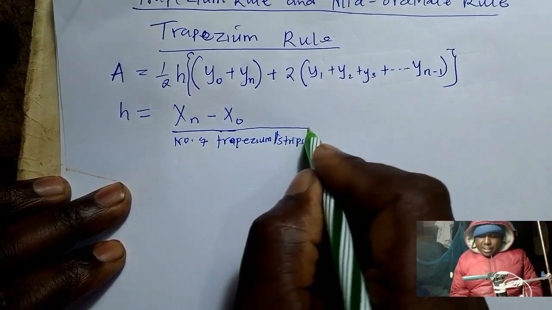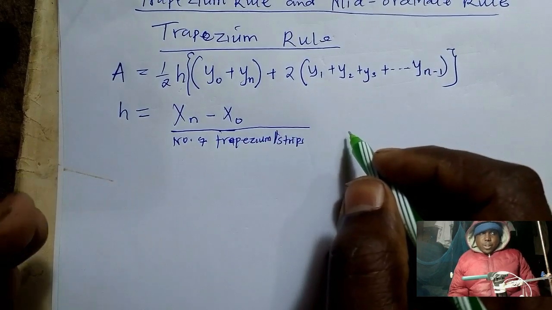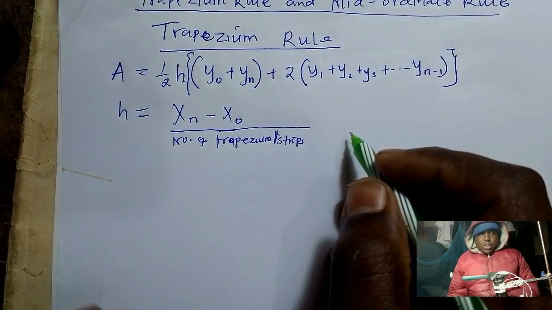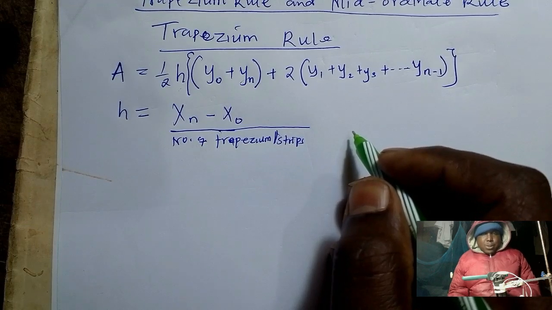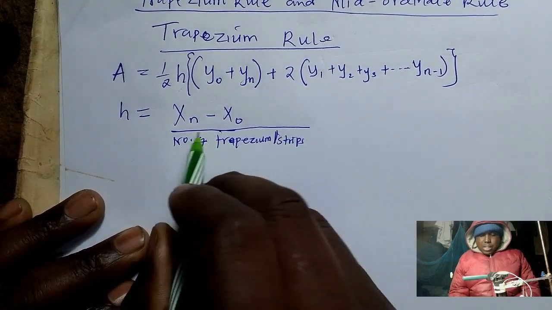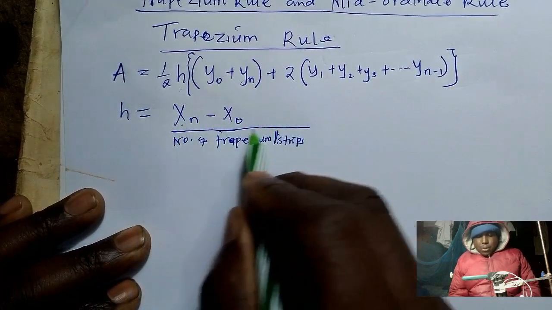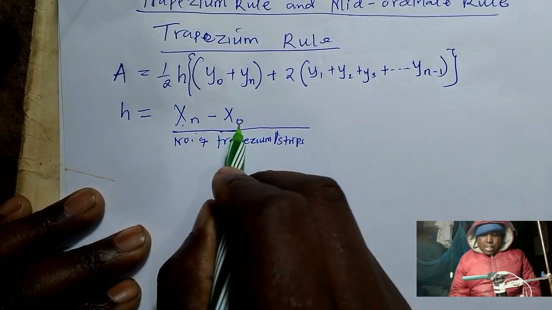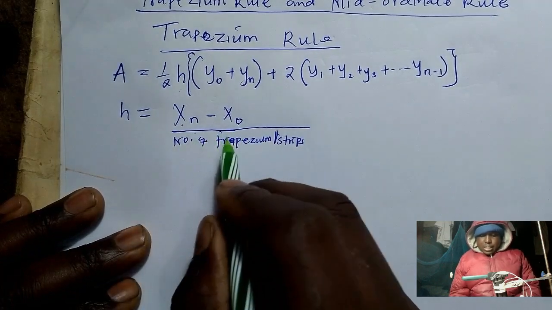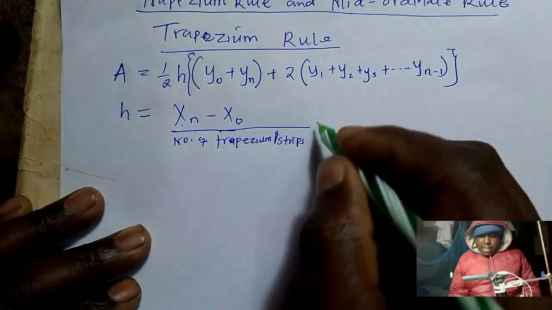When you are given, use 4 strips, use 5 strips, use 4 trapeziums, use 5 trapeziums, you just find the final value of x and the initial value of x, and then you subtract. You divide it by this.